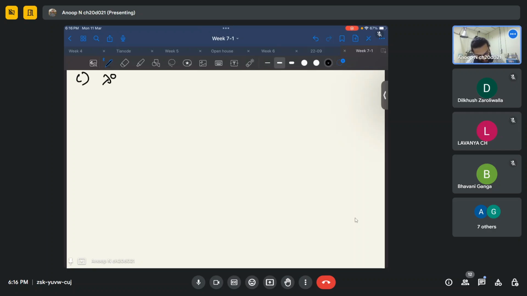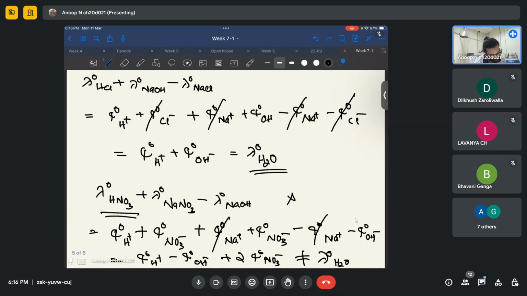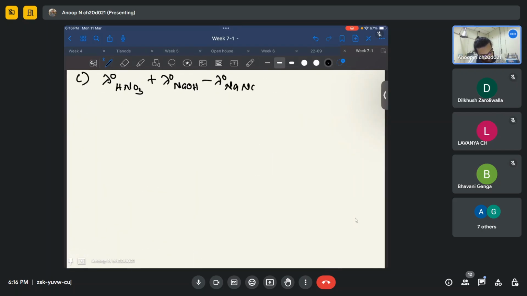Lambda 0 HNO3 plus lambda 0 NaOH minus lambda 0 NaNO3. This is the same way. NaNO3, how can I write it? It can be written as L0 H plus plus L0 NO3 minus plus L0 Na plus plus L0 OH minus minus L0 Na plus minus L0 NO3 minus.